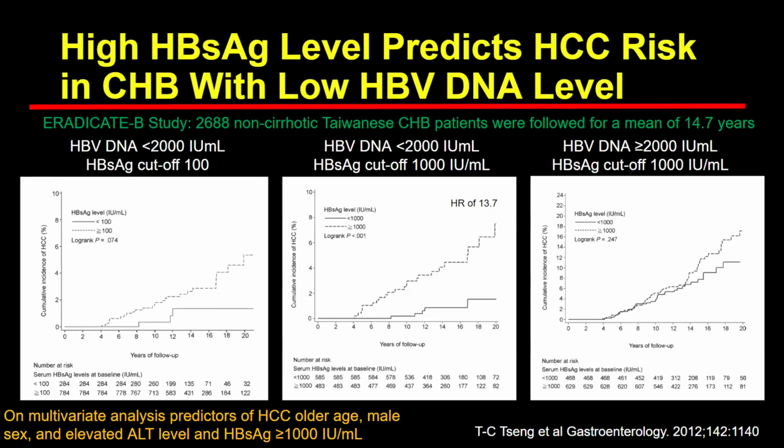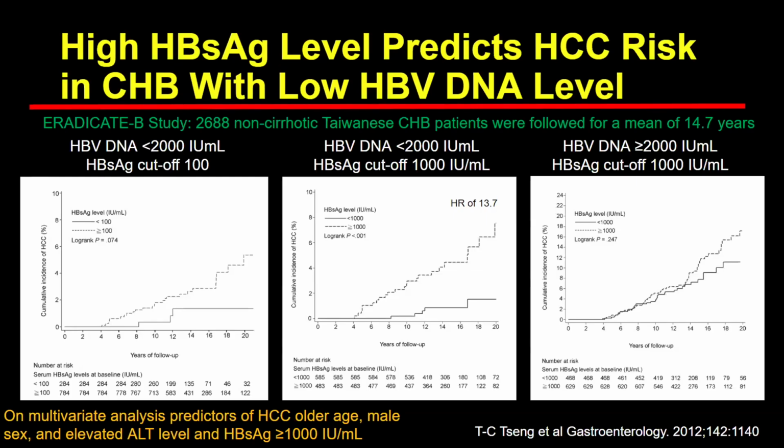Notably, lower surface antigen levels, less than 100, shown in the left panel, or even less than 10, was not helpful in risk stratification for HCC development. Similarly, a high surface antigen level was not helpful in HCC risk stratification among persons with levels greater than 2,000, and that's shown in the far right panel.